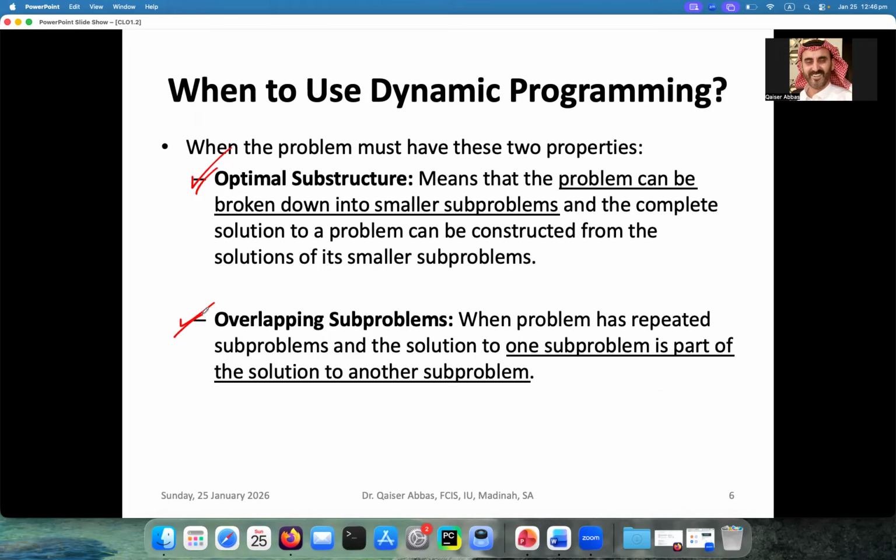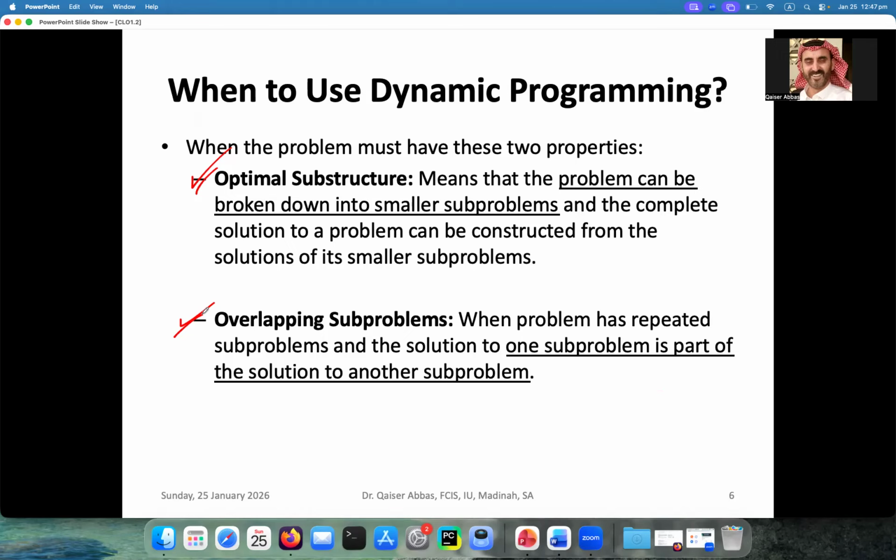If somebody has given you a problem and you are looking at which approach to use, DP, divide and conquer, or greedy, first see if you can divide that problem into subproblems, find the solutions for those subproblems, and those solutions contribute to the final solution of the main problem.